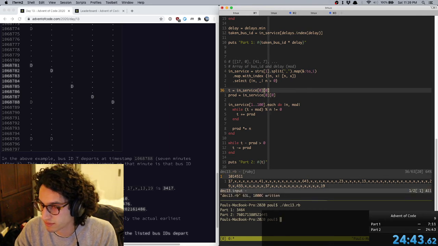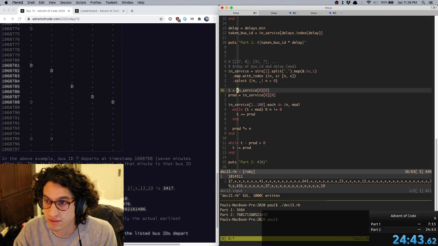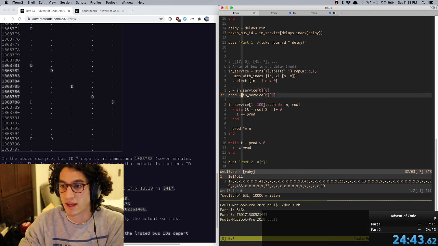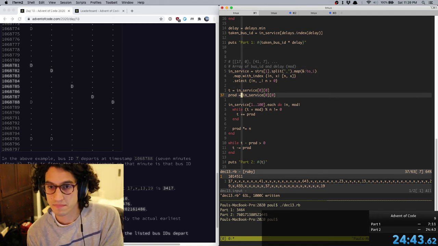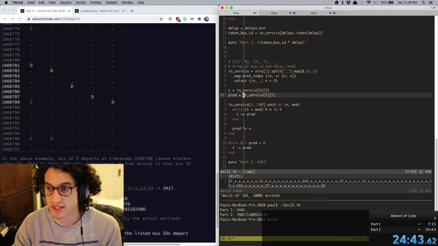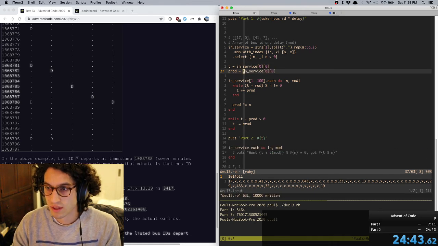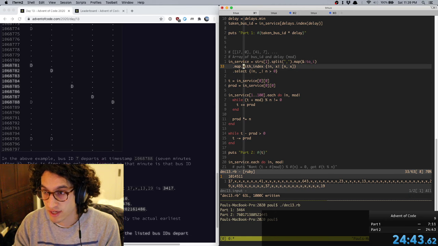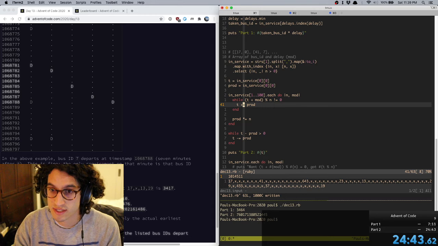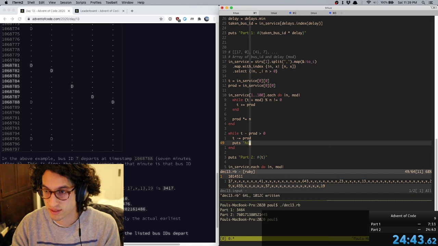I don't need that, I don't think. Yeah. So at first our timestamp is 17 because it leaves at 17, and basically our stride length is also 17. So then for every bus, we want to increase our starting timestamp by, does this run?